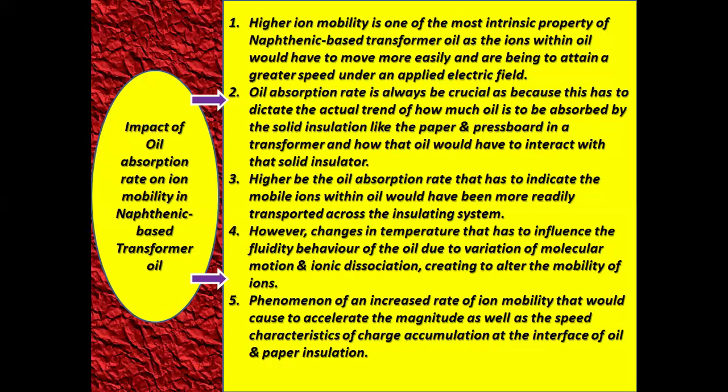this dictates how much oil is absorbed by the solid insulation like the paper and pressboard in a transformer, and how that oil interacts with that solid insulation. Number 3, the higher the oil absorption rate, the more it indicates that mobile ions within the oil are readily transported across the insulating system.